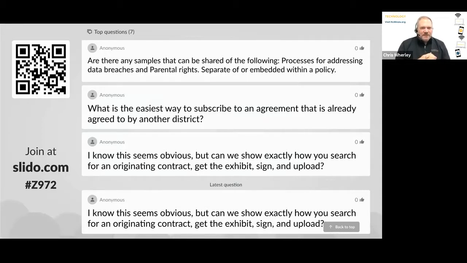So that would be the reason for not accepting or subscribing to an Exhibit H, because you should probably take that to your legal team and make sure that those Exhibit H changes work for your school district as well.